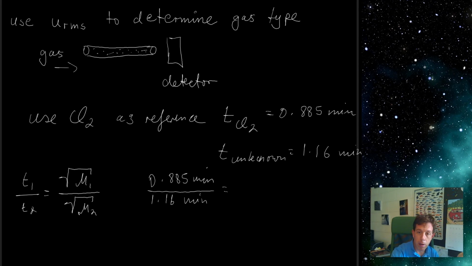Remember, chlorine is Cl2, so it's not 35. So the square root of 70.9 grams per mole, over the square root of the molar mass of the unknown.